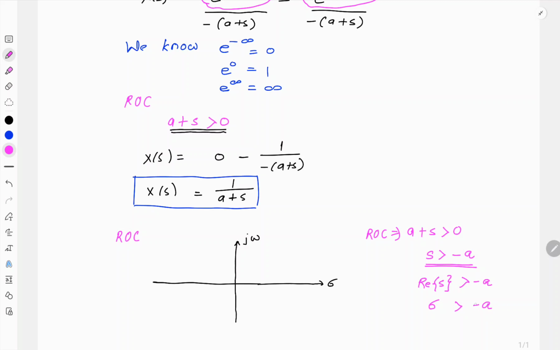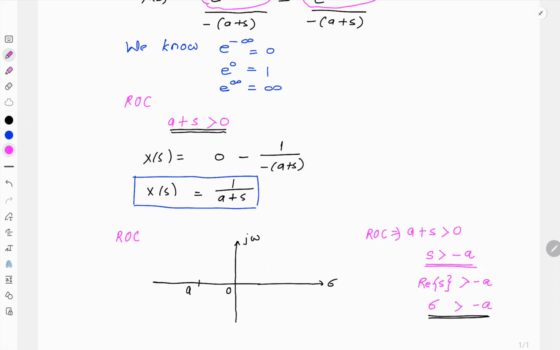Now we are supposed to plot this RoC on this particular sigma versus j omega graph. The condition is sigma greater than minus a. So let us plot minus a on this graph. Minus a will be somewhere here, and the condition is all the values of sigma greater than minus a.